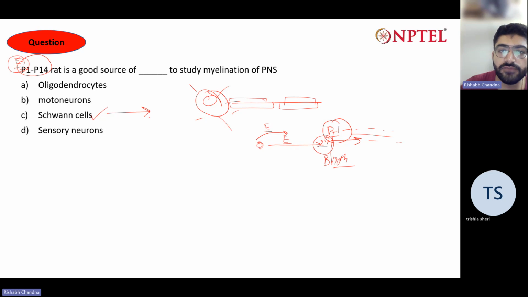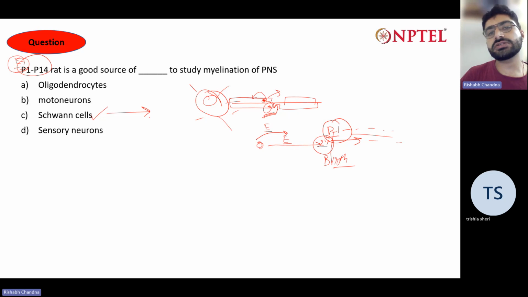And here we have certain cells. These are called Schwann cells. These cells help in secretion of these myelin sheaths. This is basically a lipid sheath that helps in saving the neurons from electric shock. So Schwann cells help in secretion of these myelin sheaths. So they help in myelination.